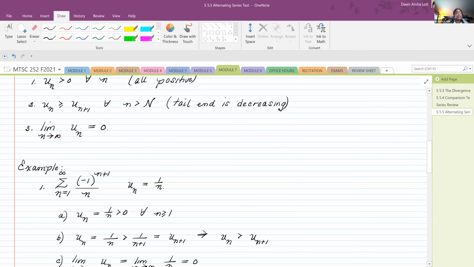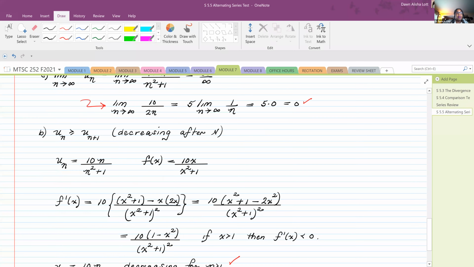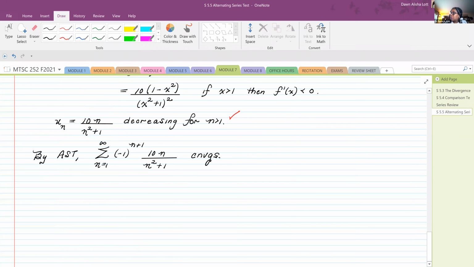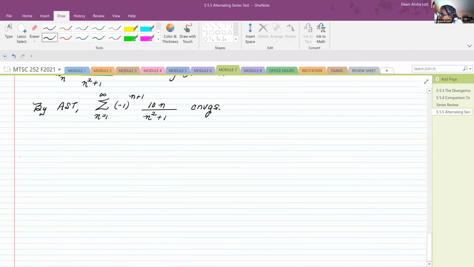So that was number 8. So number 9 is the test for absolute convergence.